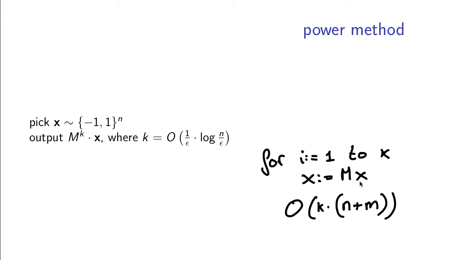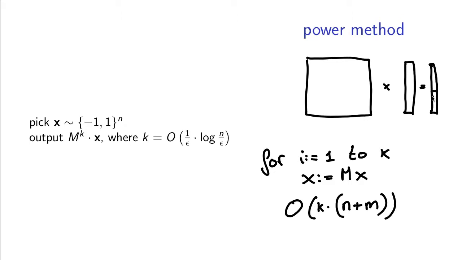So why is it only order of n plus m time to multiply an n-dimensional vector by an n by n matrix that has only m non-zero entries? Well, we can just look at the computation. To compute a generic entry of the product, we will need to multiply the corresponding row of this matrix by this vector, so compute the inner product of this row by this vector.